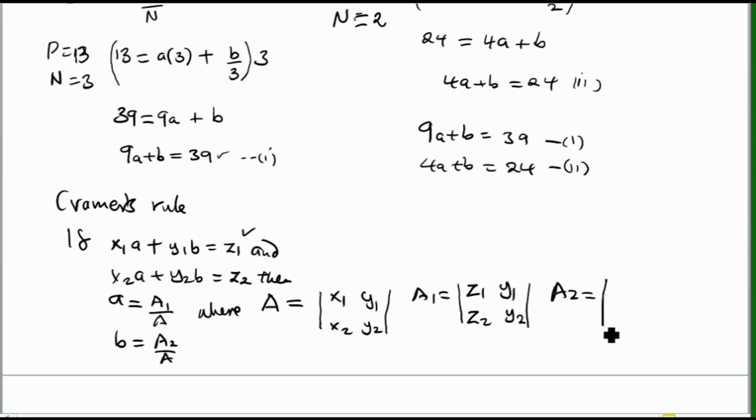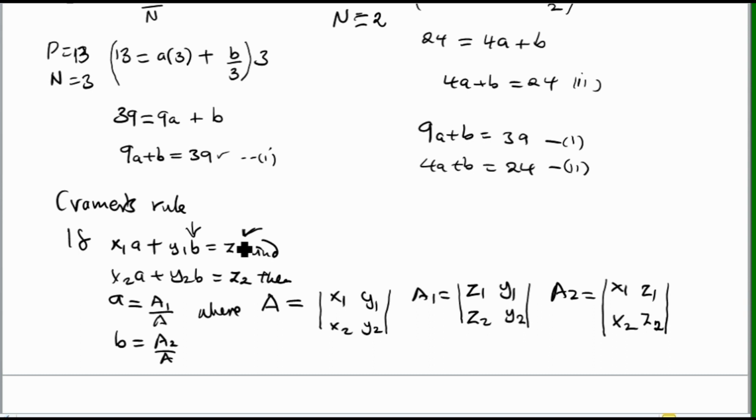Then A2 is the determinant of the matrix when the coefficients of B are replaced by the right hand side of the equal values. So we have x1, x2, z1, z2. So x1, x2 in this case, they stay.